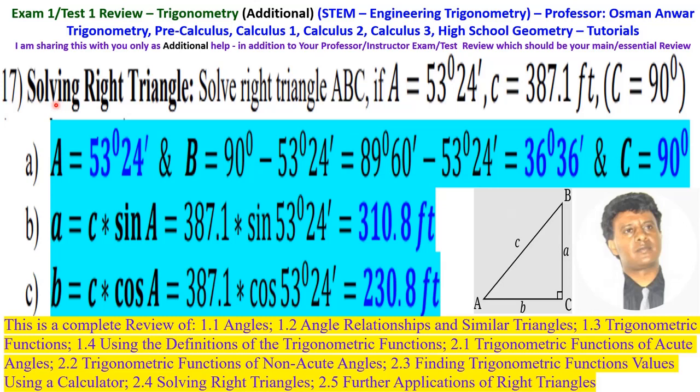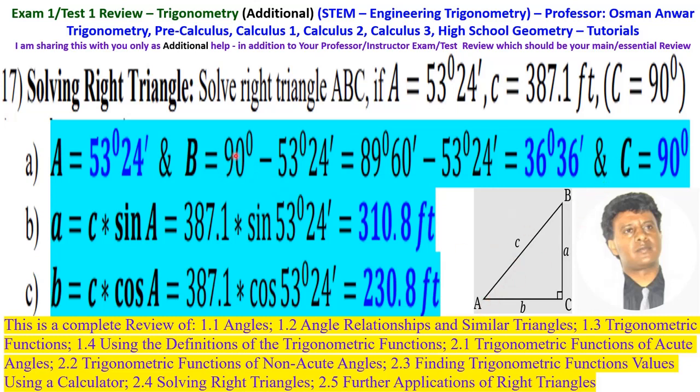Number 17 is solving right triangle ABC. Angle A is known, 53 degrees and 24 minutes, angle C is the right angle, which is 90 degrees, and side c is 387.1. So we need to find angle B. The sum of angles A and B is 90 degrees.